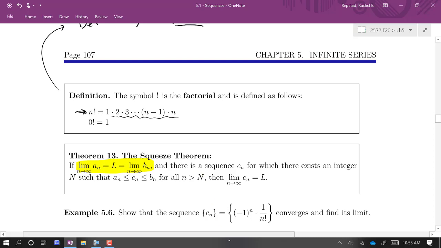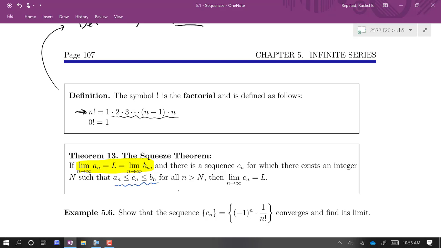And suppose further that I have a sequence of Cn's, and what I can say about the Cn's is that for each term, the Cn is always in between the corresponding An and Bn, meaning like C1 is between A1 and B1, C5 is between A5 and B5, C6 is between A6 and B6.